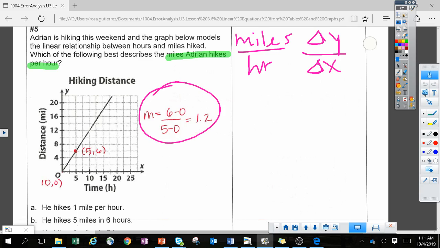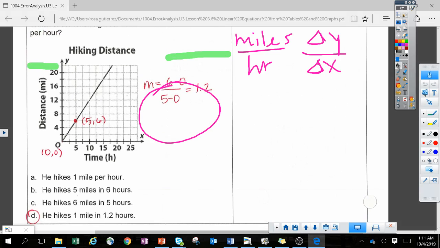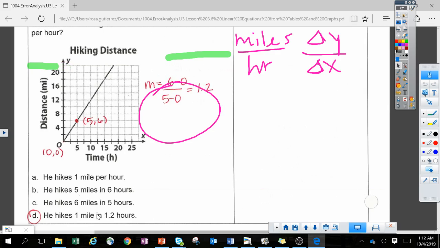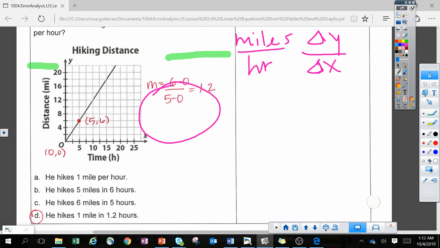And this is actually correct. And because you saw that 1.2, I feel that that's the reason that many of us chose D, because you saw this 1.2. But let's look at D a little more carefully.